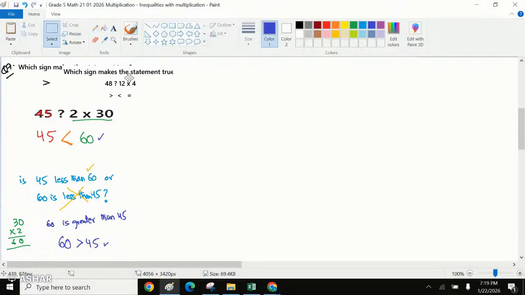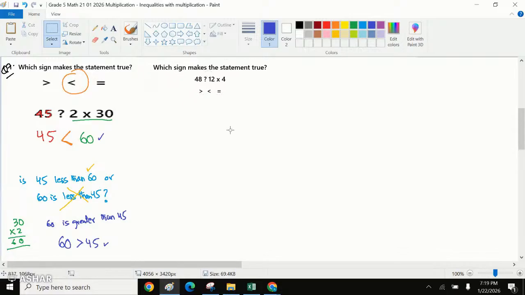For question number 8, it says, which sign makes the statement true? If the signs given are these: less than, greater than, equal. We're doing question number 8. We know that on the right side it is 12 multiplied by 4. 4 times 2 is 8. 4 times 1 is 4.